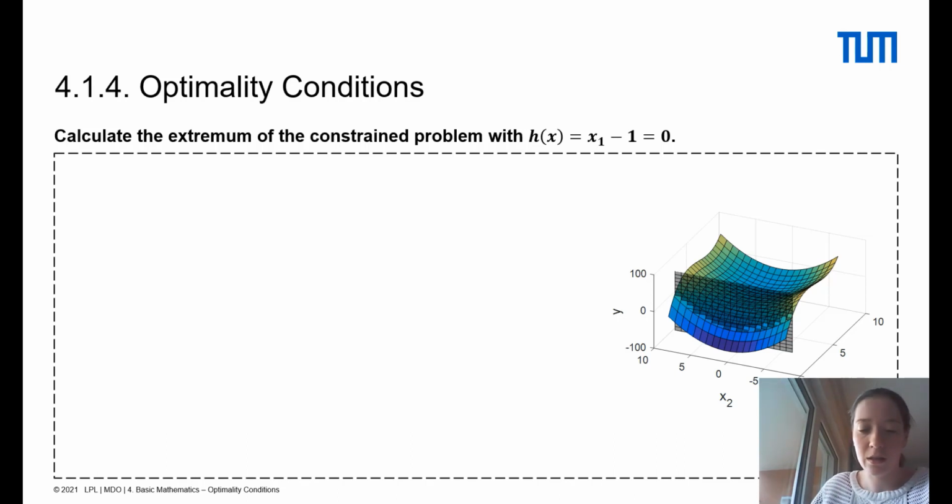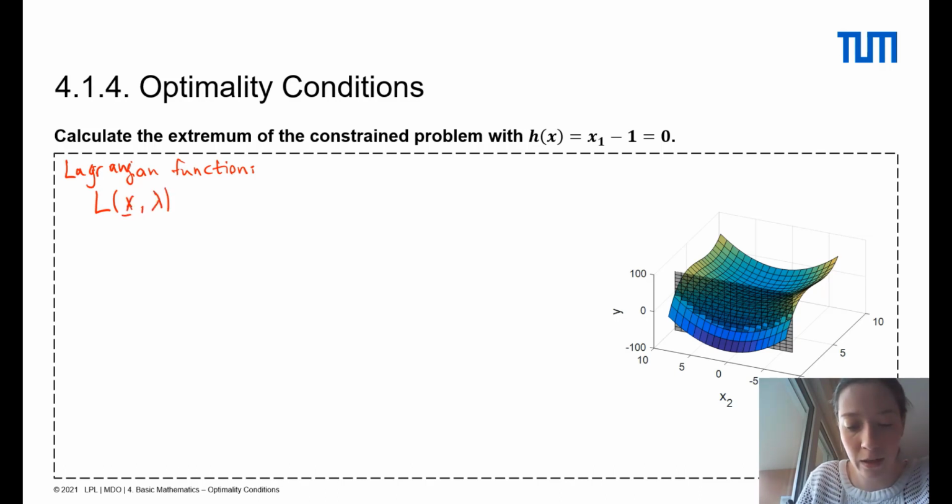And to calculate the extremum, we start with the Lagrangian function, which is L of x1 and x2 and also lambda, f of x plus lambda times h of x.